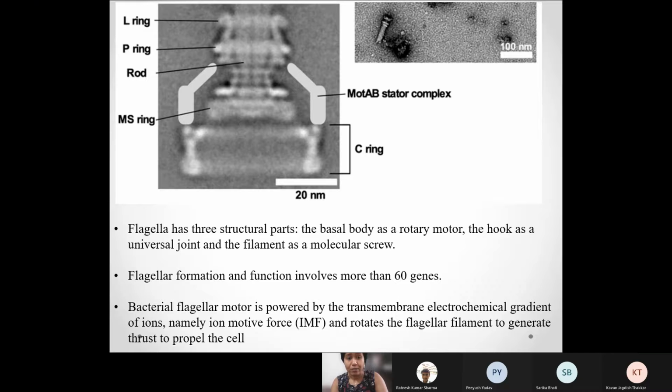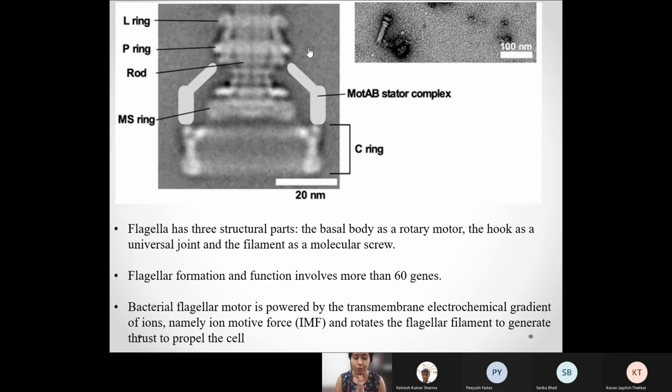So far we have talked about how bacteria power the movement. But if you would like to understand how these motors actually look, what you have to do is use electron microscopy, because these are so tiny, you wouldn't be able to see the components of a flagellum in a light microscope. It's just not possible.